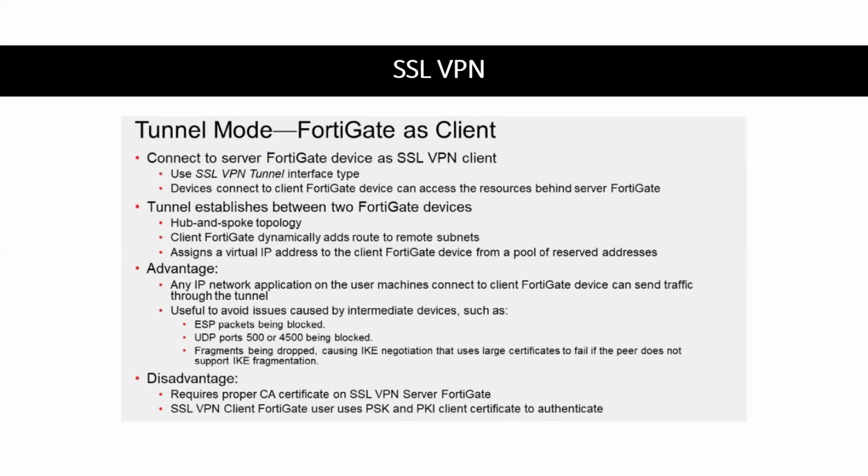Along with, of course, the second bullet point, SSL VPN client FortiGate users use PSK and PKI, a client certificate to authenticate. So again, a lot of things with certificates here. The certificates, if you guys don't know, are used to authenticate trusted resources on untrusted public networks, aka the internet.